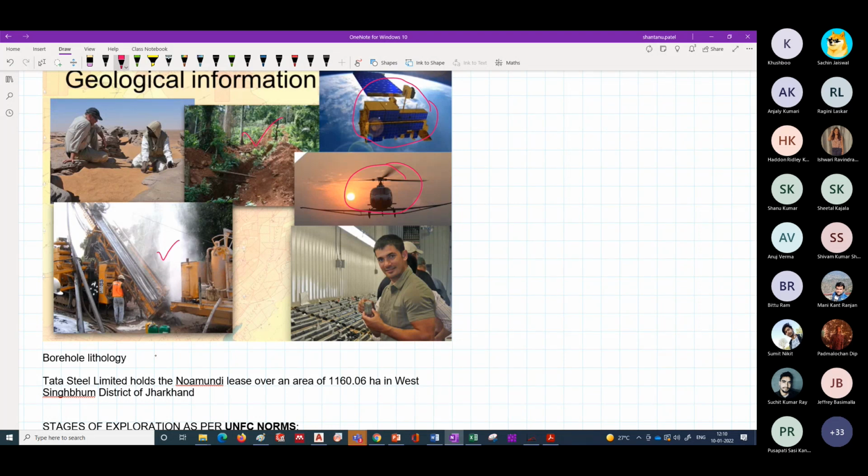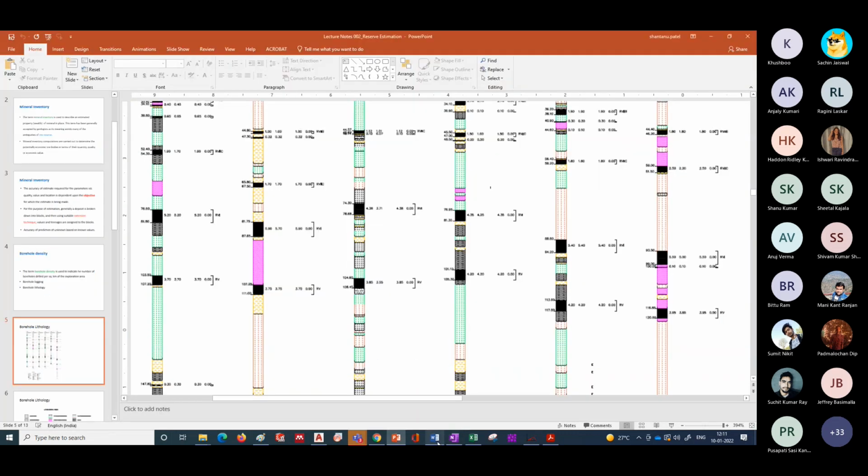These are the cores taken from the ground, to investigate the different percentages of ore or whatever it is. If you see one borehole lithology, it looks like this.